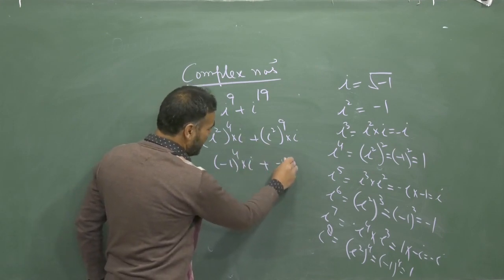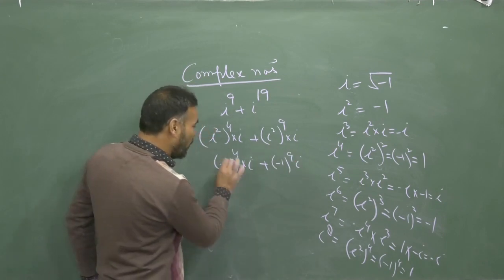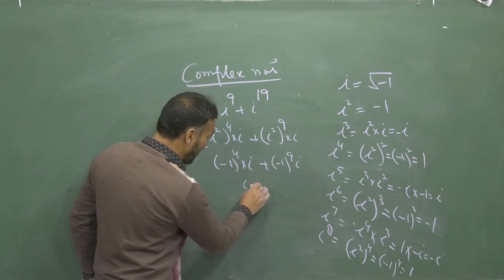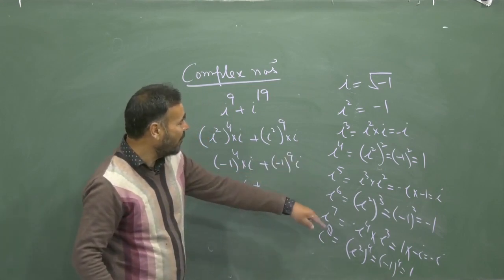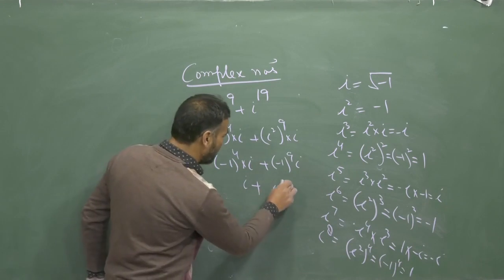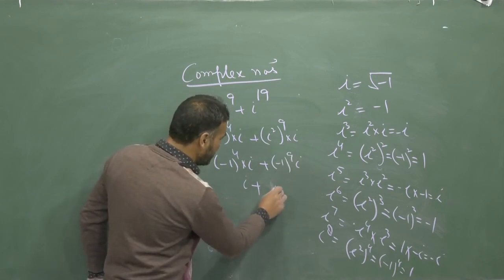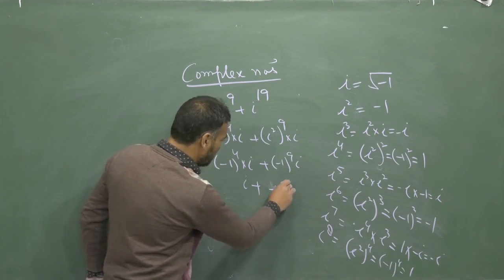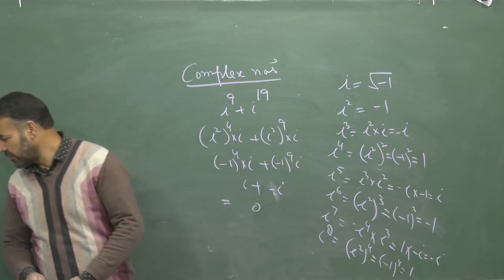Iota square is -1, raised power 9 into iota. -1 raised power 4 is 1 into iota, which is iota. -1 raised power 9 is -1, that is minus iota. So plus iota and minus iota will always be equal to 0.